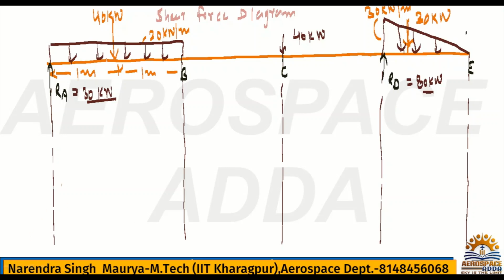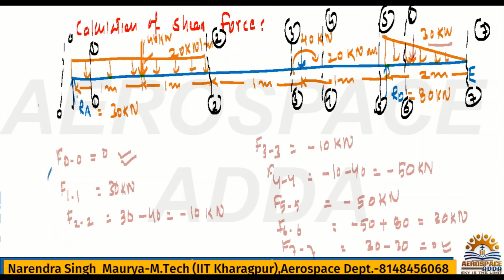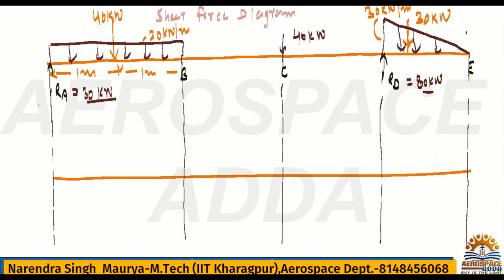All right. Now it is done. Now we can draw the reference line here. For this reference line, you just start from the first one. Just before RA, it was 0, 0. So it is starting from 0, 0.